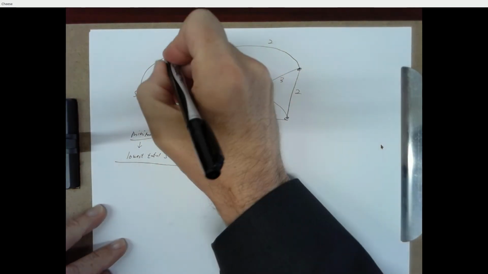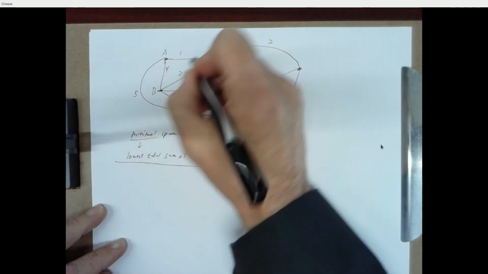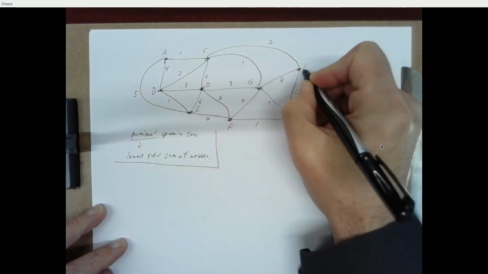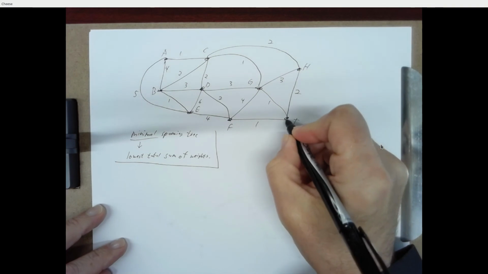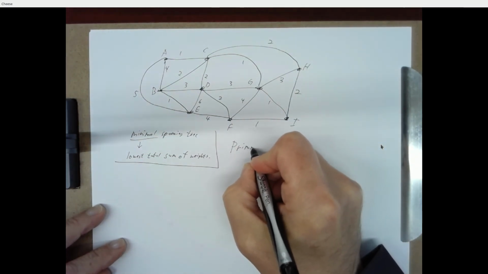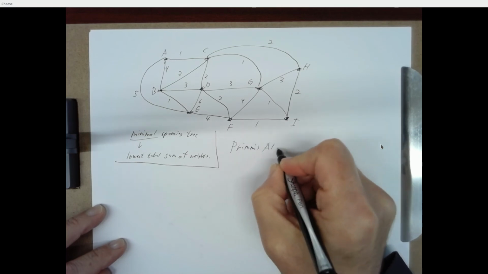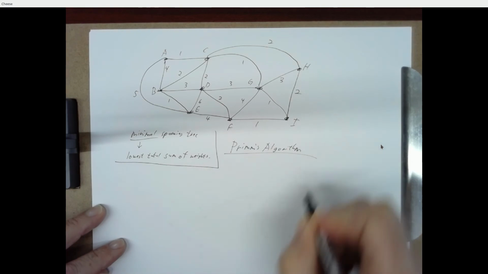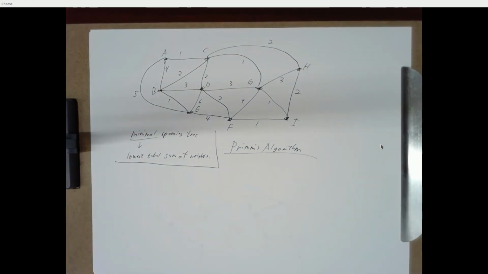So I'll label these. And this is something called Prim's algorithm. So how does Prim's algorithm work?